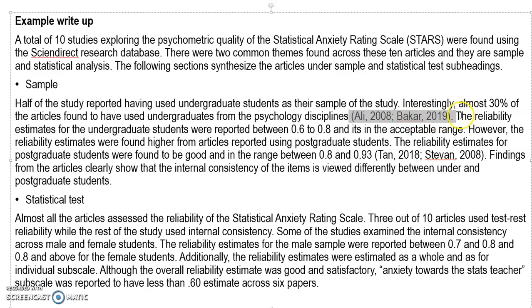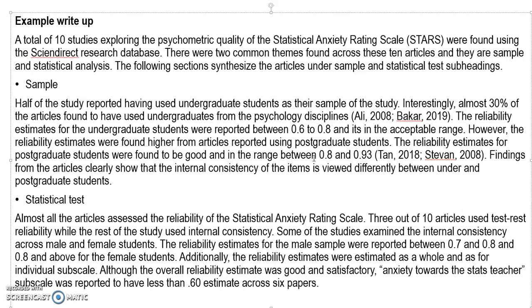Next, I'm talking about the reliability estimates for the undergraduate students and also for the postgraduate students. So what I'm trying to show here is that once I'm talking about the sample, I'm starting from a broader view and I'm trying to narrow it down. So I said that I've got 10 papers.